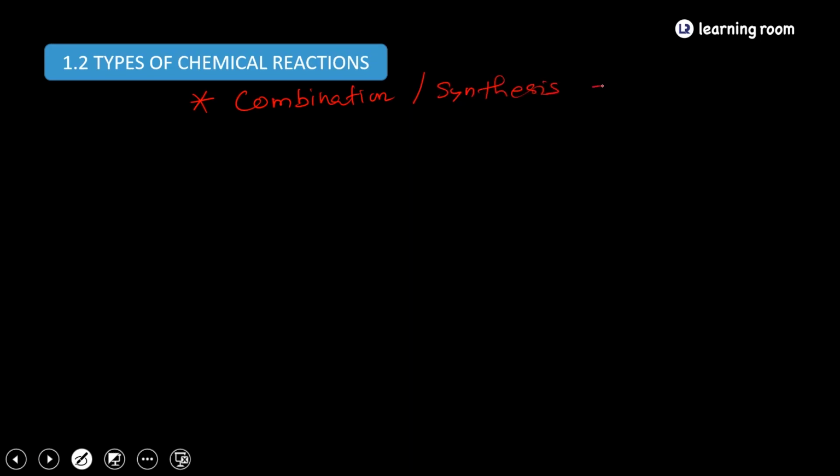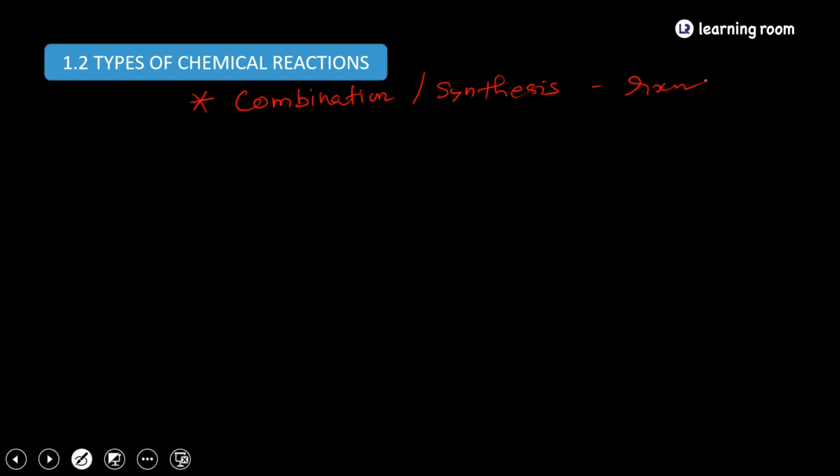Combination reaction or synthesis reaction. I am writing RXN, which is nothing but reaction, for short. So chemical reactions we can classify in various classes. The classification is based on the nature of the reaction. When chemical reactions are classified, first is combination or synthesis.